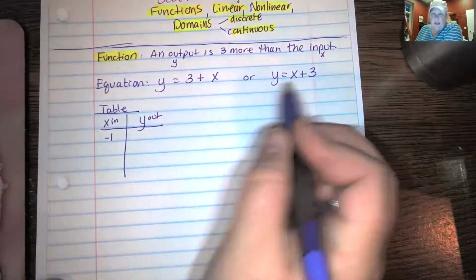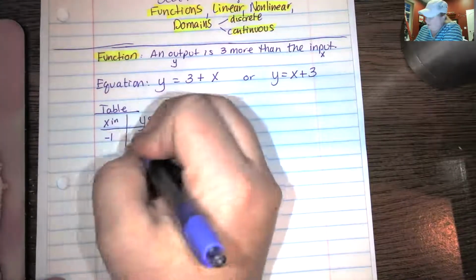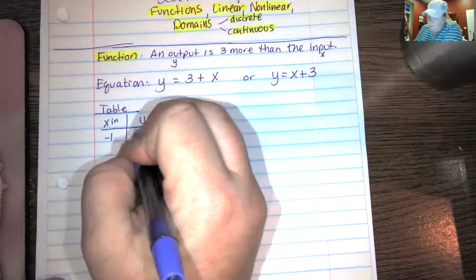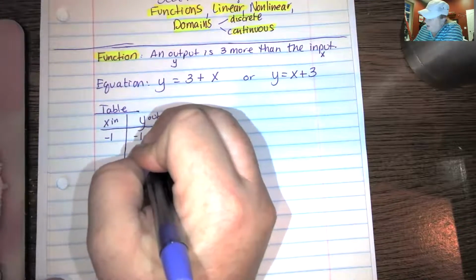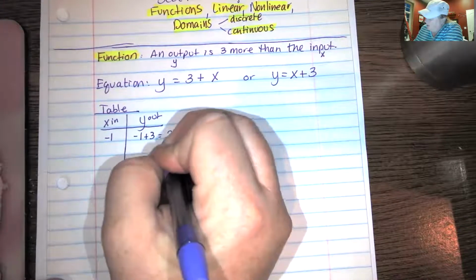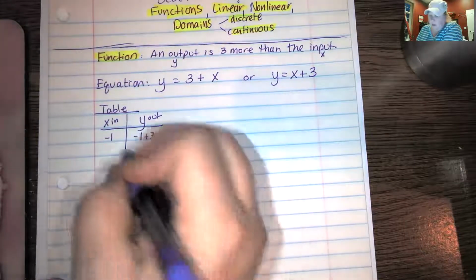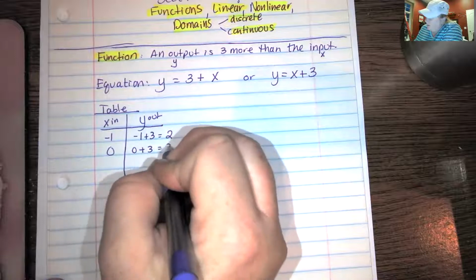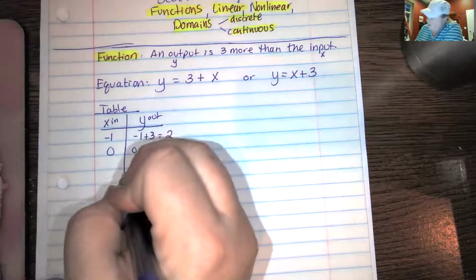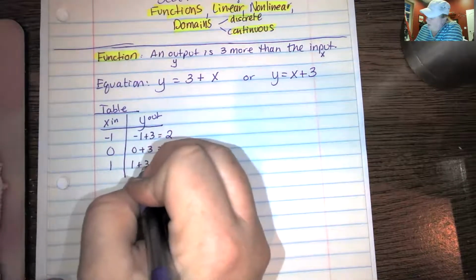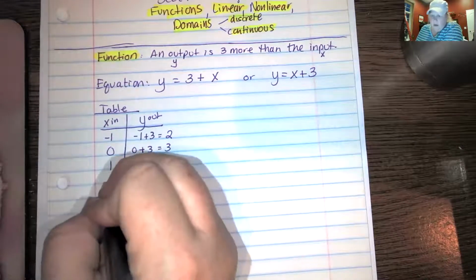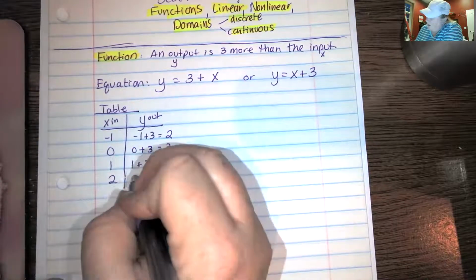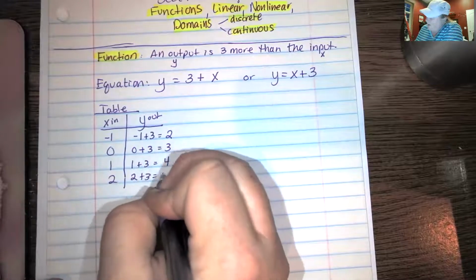So if -1 is X, so this would be -1 plus 3 would give me 2. Okay, how about 0? That's 0 plus 3, that would give me 3. Do you see a trend? All right, 1 plus 3 is 4, and 2 plus 3 is 5.